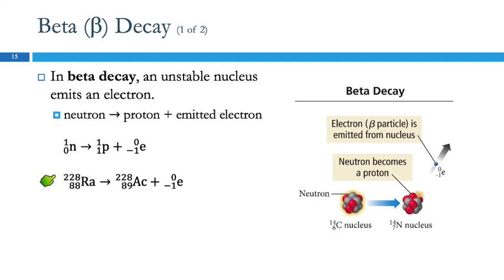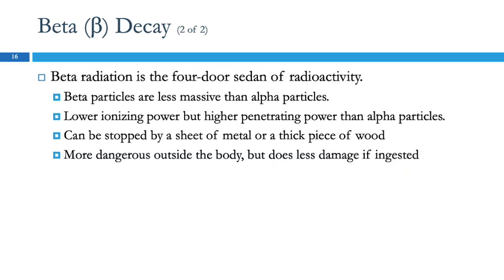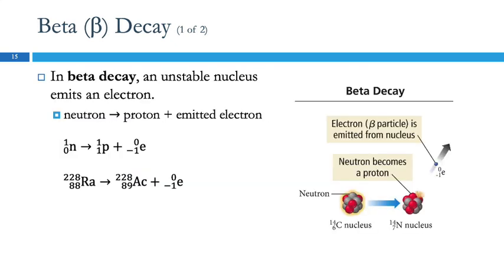So atomic number over here, mass number 228, over here 228 plus 0. Down here, atomic number 88. Here we've got 89 and -1, add up to 88. So a neutron becomes a proton, and the rest of that is the electron that gets kicked out. Weird, huh?